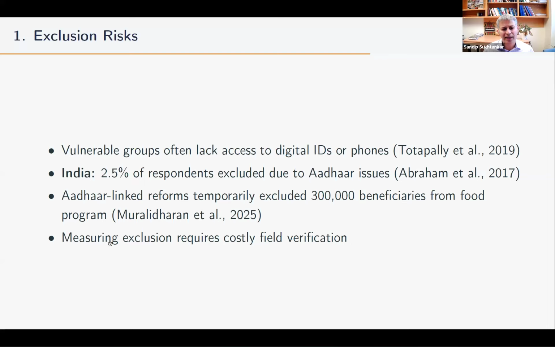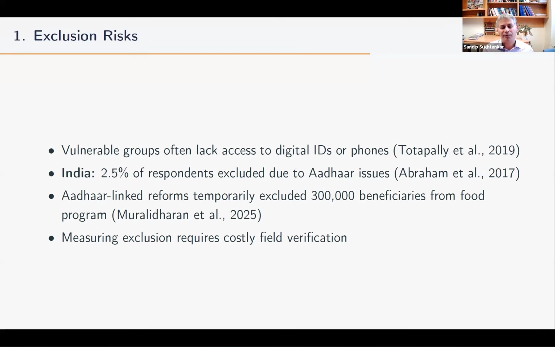But what I want to highlight is that measuring whether people are excluded or whether people are hurt can only really be done through mostly costly field verification, right? If you're excluded, you're not on the beneficiary rolls at all. How are you going to reach these people to even ask whether you're getting your benefits?